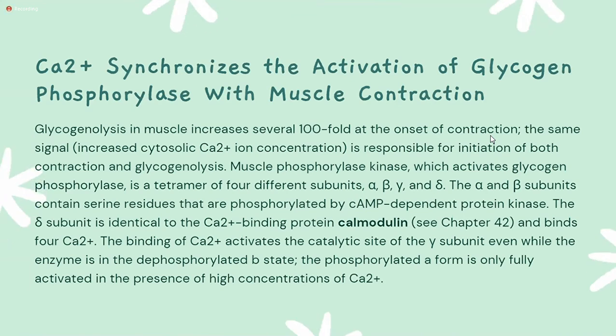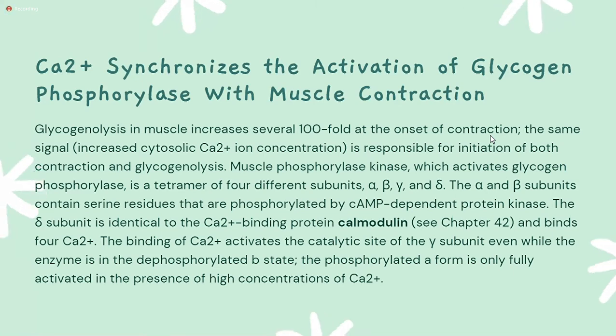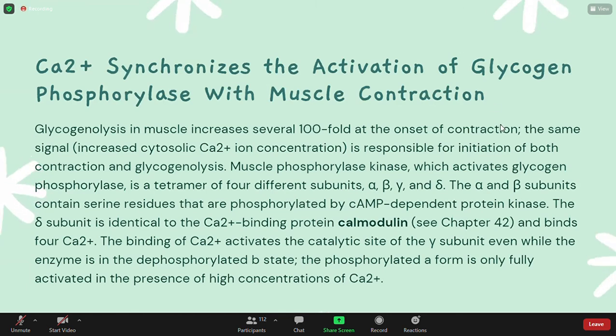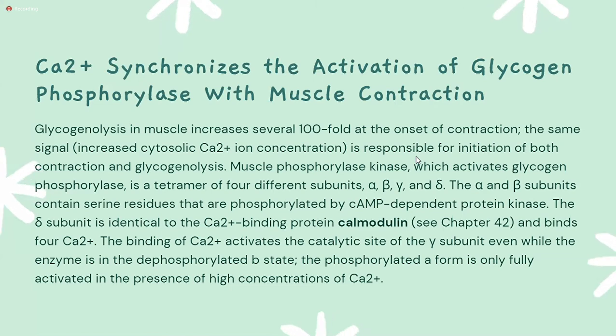If you remember, in the breakdown of glycogen in the muscle, the glucose formed is glucose 1-phosphate and becomes glucose 6-phosphate, and it is directly used by the muscles. It does not give it to any other tissue but to the muscles only.